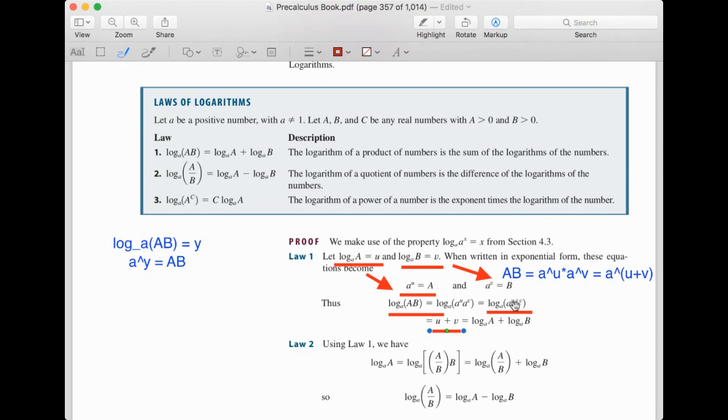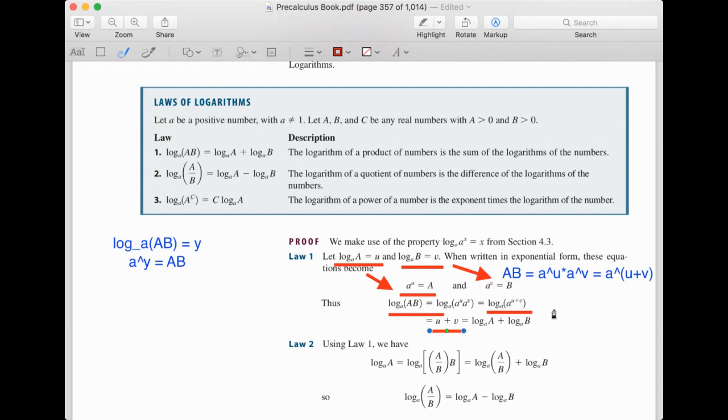So we have exponential form, we have log form. We know exponential and log are inverse of each other. It's like plus and minus are inverse of each other. If we plus 2, then minus 2, it's as if we didn't do anything. Same thing as multiplication and division. If we divide a term by 2, then multiply by 2, it's as if we didn't do anything.